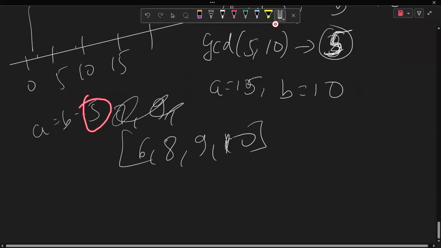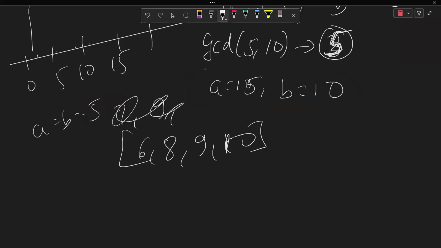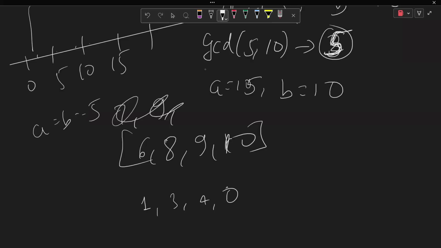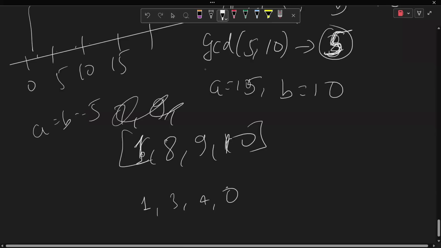How? You have this 6. You can always increment them. So modulo 5 is 1. You have to bring them into the range of 1, 3, 4, and 0. This one is already 0, so they were already in a single group. Let's say it was 1 here and 3 here, so they were in different groups.